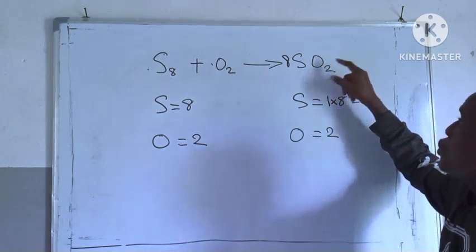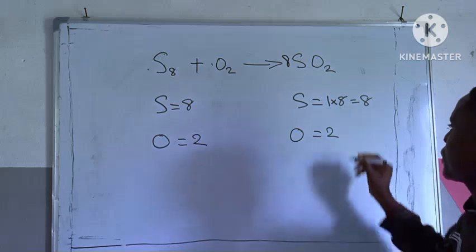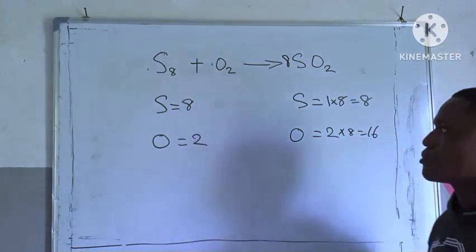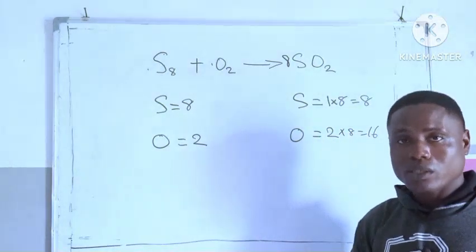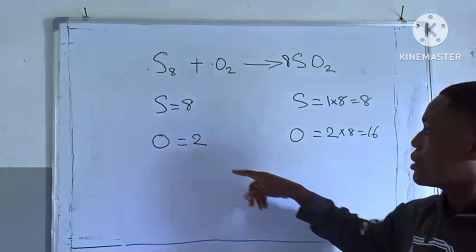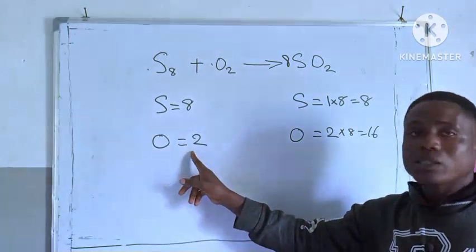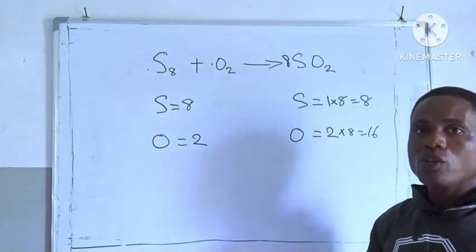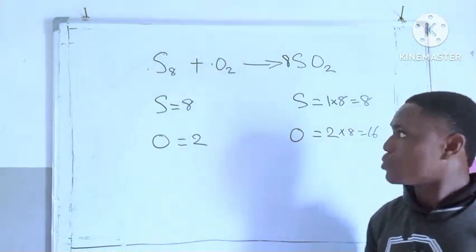So 8 times 2 is 16. Is the equation balanced or not? It's not yet balanced, because on the left side, oxygen is 2, but on the right side, oxygen is 16. So what are we going to do?